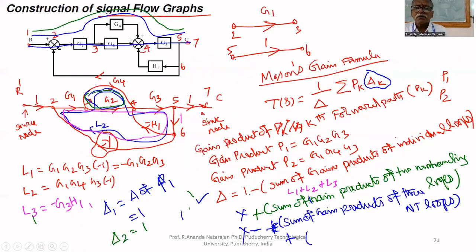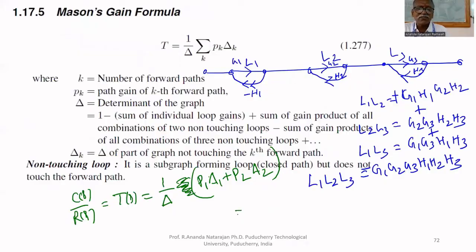What is P1? P1 is G1, G2, G3. What is P2? G1, G4, G3. What is delta 1? 1. What is delta 2? 1. Delta equals 1 minus L1 plus L2 plus L3. So we can substitute here and you will get the transfer function.